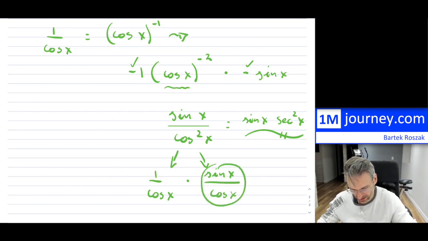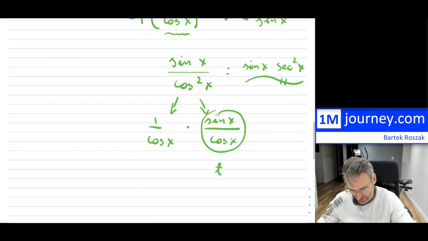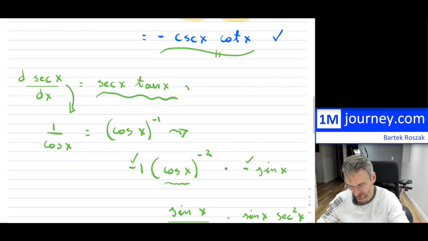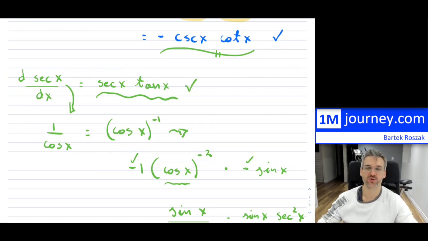This is just simply nothing else but tan x. And this right here is nothing else but secant x. So that is exactly the derivative that we were looking for. That's what you would have.